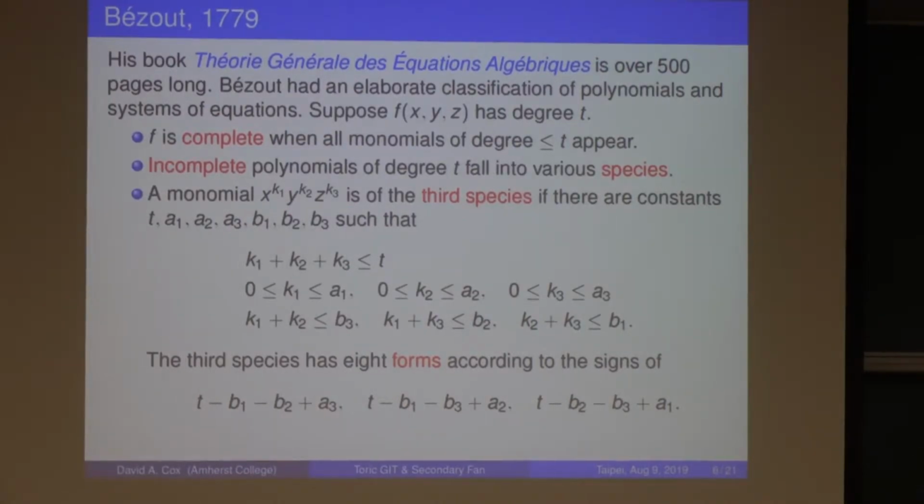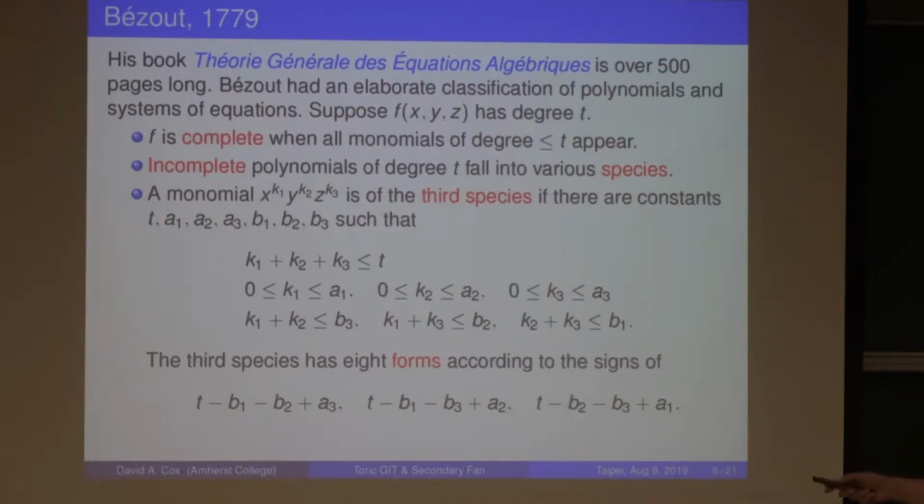A monomial in the third species is defined by these 7 parameters, and the first just bounds the total degree. That's saying I'm going to be using some monomials of degree at most t. But then what are the further restrictions?